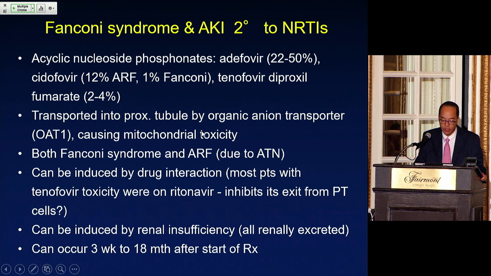They're mitochondrial toxins, and so they inhibit the ability of the proximal tubule to generate energy and reabsorb solutes. They cause both Fanconi's and, of course, ATN. Some of them can be made worse by drug interactions or by renal insufficiency.